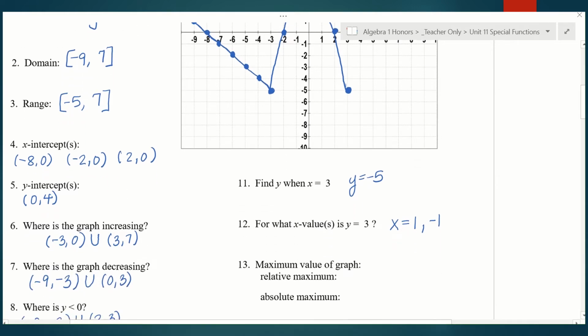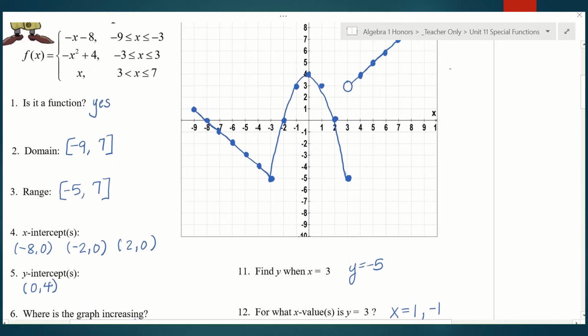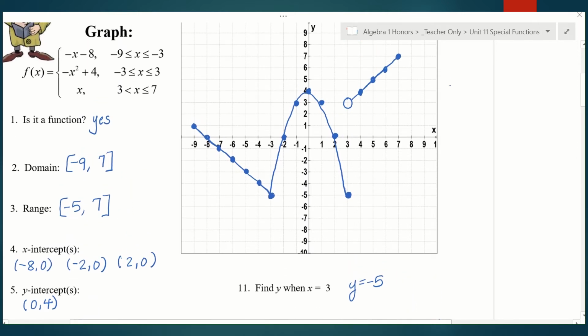Okay, number 13. They're asking us here, what is the maximum value of the graph? And we have 2. We have a relative maximum and an absolute maximum. Okay, so relative maximum means look for the turning point. If I'm looking for that turning point, I'm seeing that my relative maximum is where y is 4.